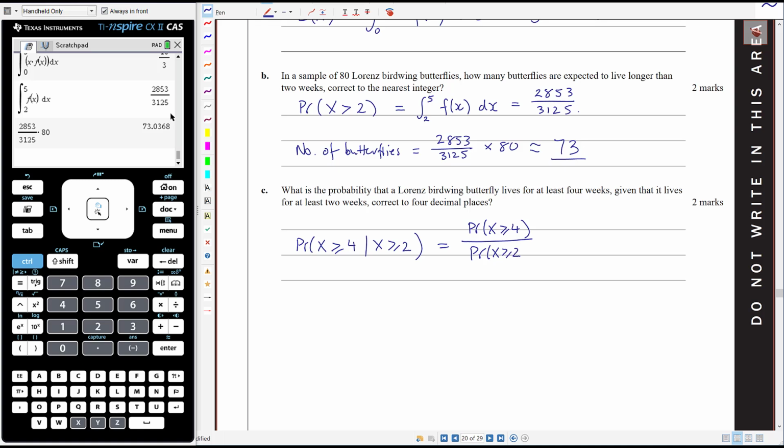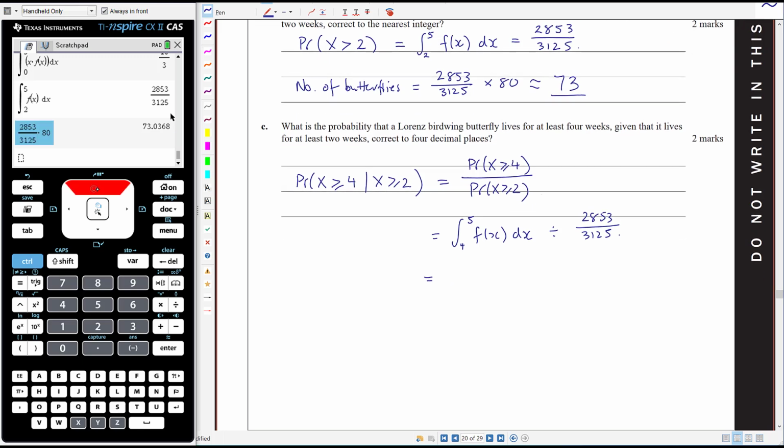Note that in a continuous random variable, the probability that x is bigger than or equal to 2 is the same as the probability that x is bigger than 2, so that's simply going to be that. And so all we have here is the integral from 4 to 5 of the function for the probability that x is bigger than or equal to 4, divided by the answer that we've got up here, 2853 over 3125.